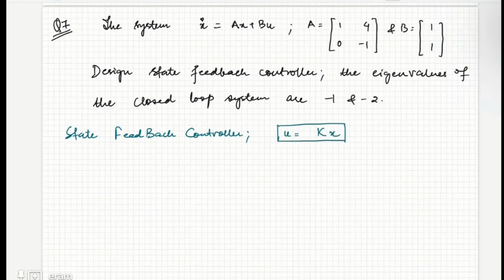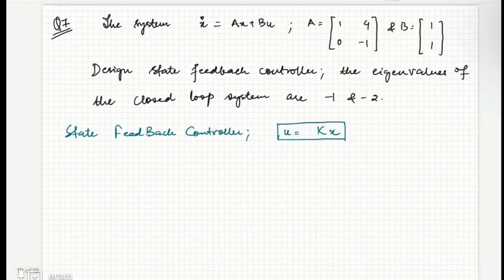Now, since it is a second order plant and we are using full state information, the x matrix is x1, x2. So K will have two components, obviously. So this is how our controller is going to look.